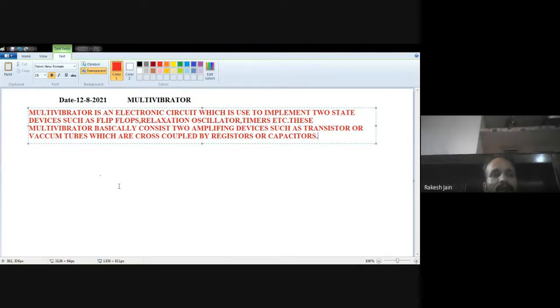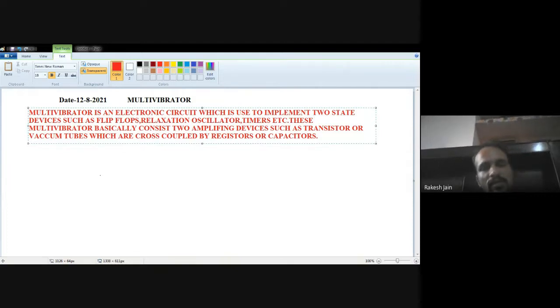These are the standard meanings of the multivibrator, that is, how their circuitry will be. Their circuitry will consist of two amplifying devices which are cross coupled. Cross coupled means, for example, if you use two transistors, then the collector of the first will be connected to the base of the second transistor, and the collector of the second transistor is connected with the base of the first transistor. This is known as cross coupling. The coupling is not direct.